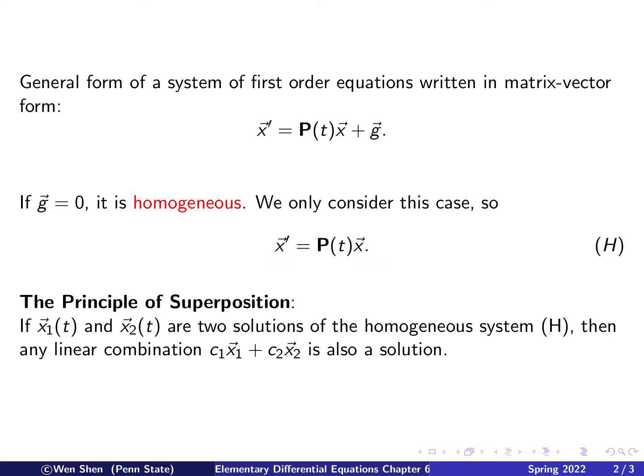We call it H. Then you can make any linear combination of these two solutions. They are both vector valued, so you do a scalar multiple with the first one and a scalar multiple with the second one, and you add them up, and that's a linear combination. For any c1 and c2 arbitrary constants, this is also a solution.